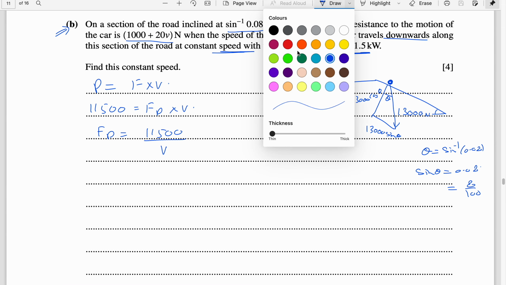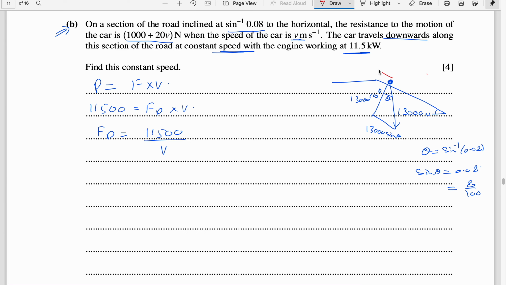So we write the resistive forces. Resistance is this way, driving force forward is this way, and the component of weight is also downwards. So actually resistance equals the total of these two. I'm writing resistance equals forward driving force plus component of weight downwards.